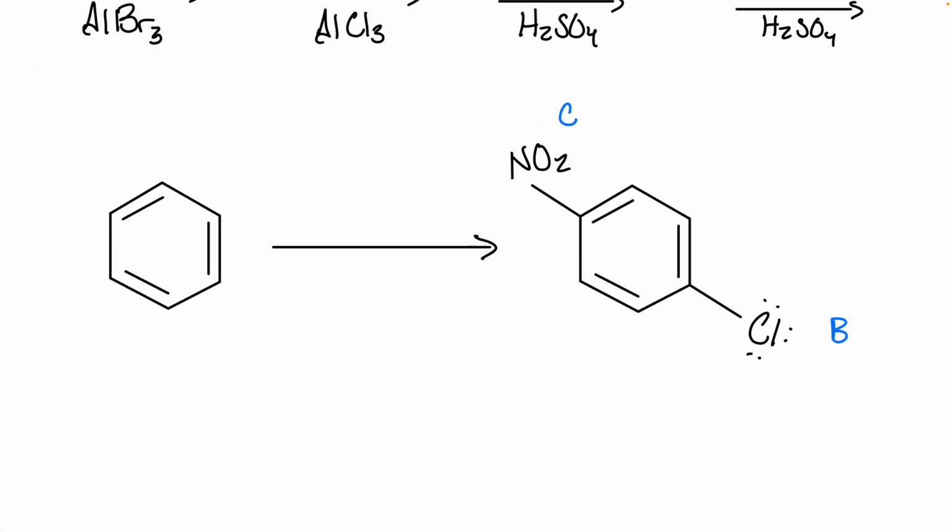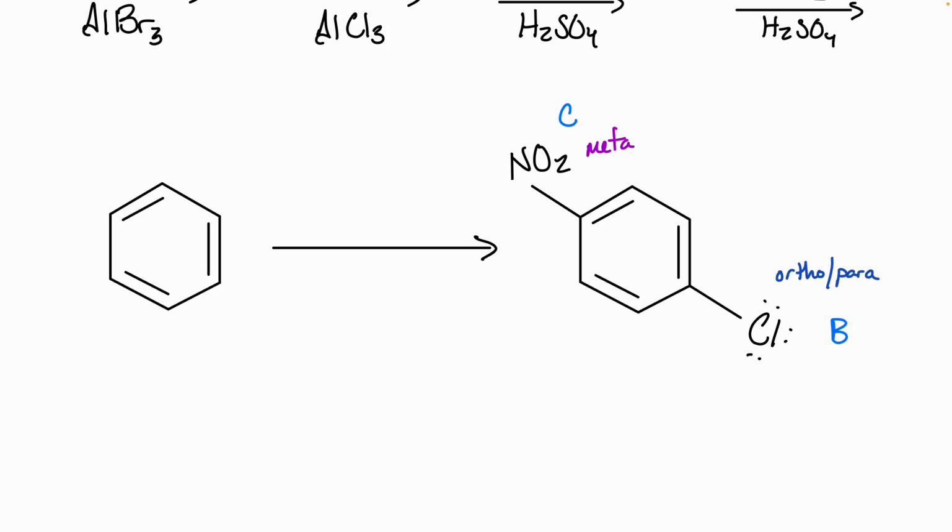So I'm going to look at my nitro group, and I'm going to say, is that an ortho-para or a meta-director? Meta. And if I do my chloro group, is that an ortho-para or a meta-director? That one's ortho-para. And in my product here, where do those two functional groups sit relative to one another?